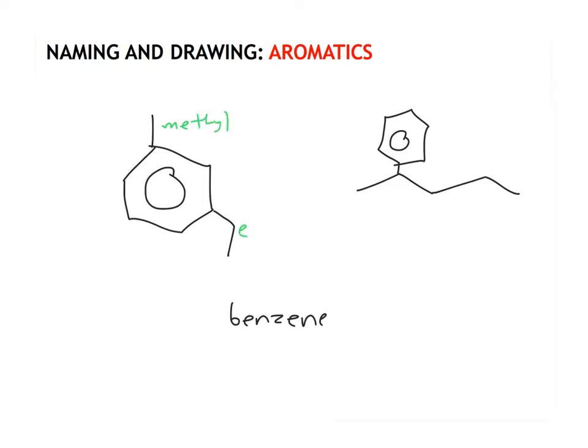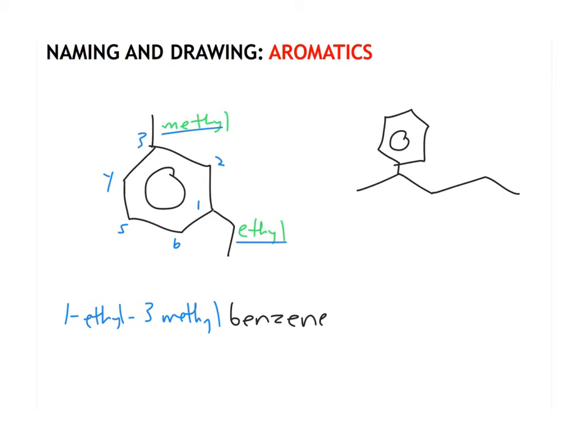We have a 2 carbon chain, that's ethyl. We're going to go alphabetically, so ethyl's going to go first, because E comes before M. And we also want to number it so any side chains have the lowest number. So we go 1, 2, 3, 4, 5, 6. So this would be 1 ethyl, 3 methyl, benzene. So if it's a parent chain, the parent chain is benzene, and we follow those naming rules on any of those side chains, just as we would with any of the aliphatics last week.